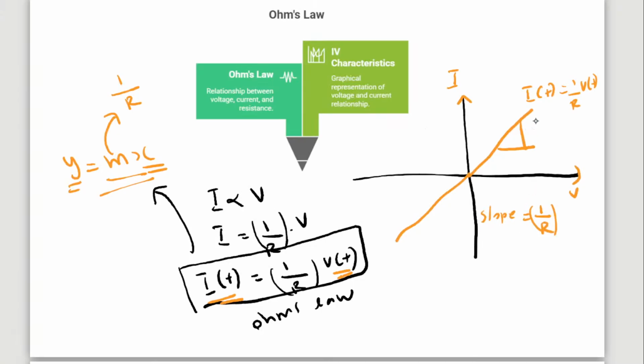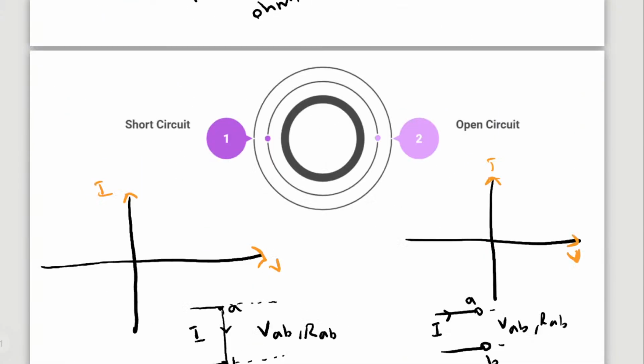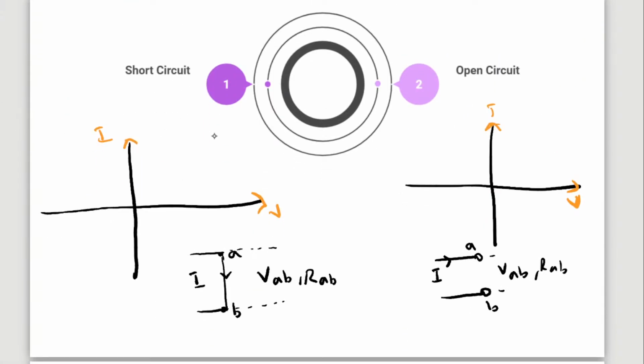The slope here is nothing but I of t by V of t, which equals 1 by R. Let me rewrite the slope: m equal to i of t by v of t.